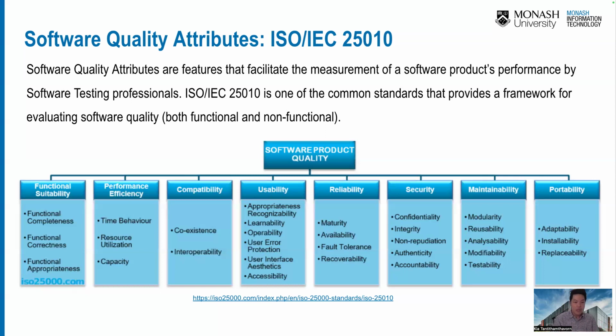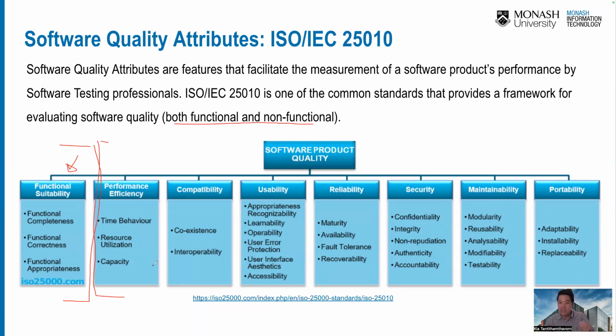And what else? For this framework, one thing I forgot to tell you, maybe I should have drawn it here, is that we look at both functional and non-functional quality. Only this one is the functional quality, but the rest are non-functional.